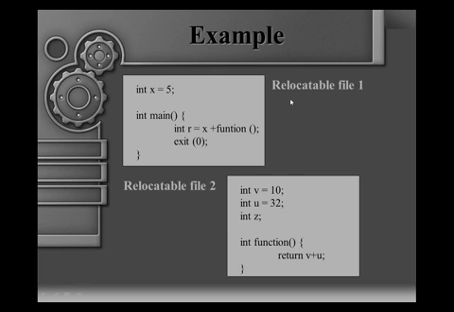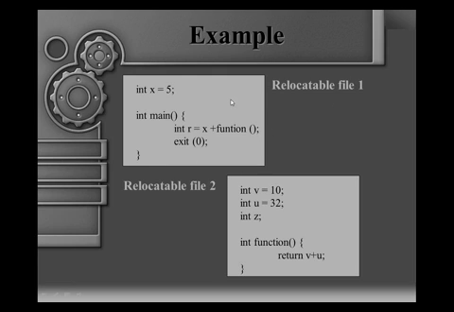This is the example that is used. One is relocatable file 1: int x equals 5, then int main, curly braces start, int r equals x plus function. Here r is also a variable, and we add the function to x. Then exit 0, and the curly braces close.